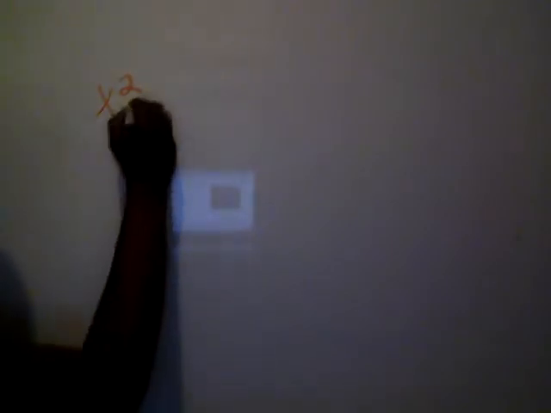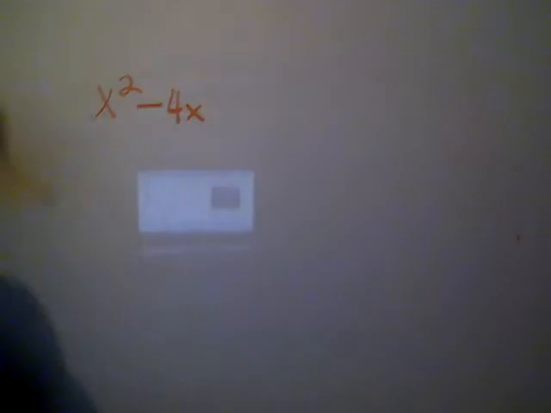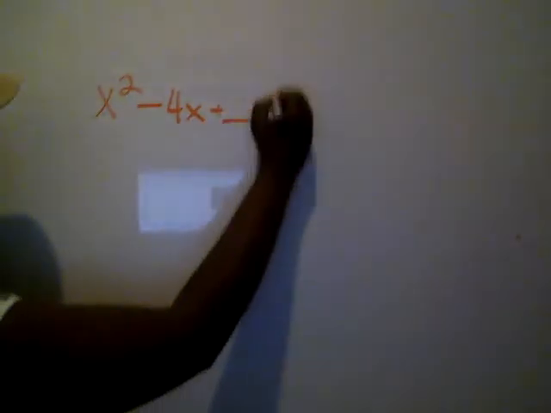So for the next equation, you have x squared. One thing I'm going to do is skip a step and group the x's together to start with. So I'm going to do x squared minus 4x, and then we know we're going to have to do plus something.